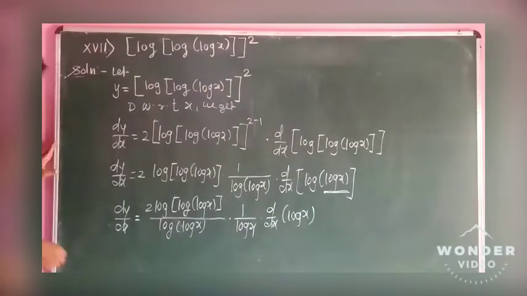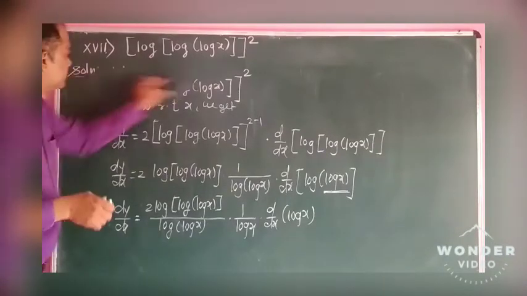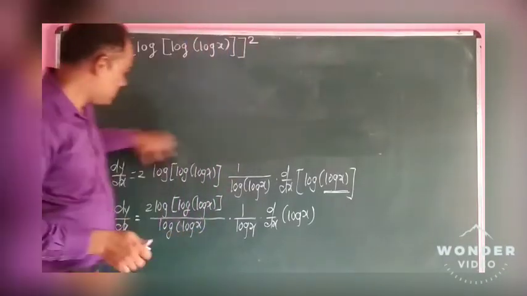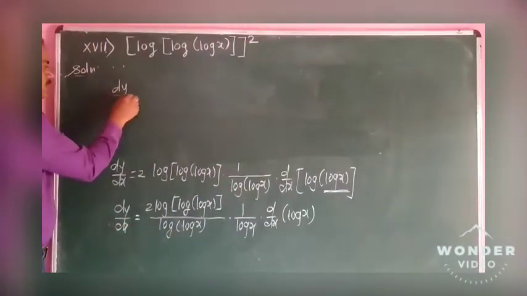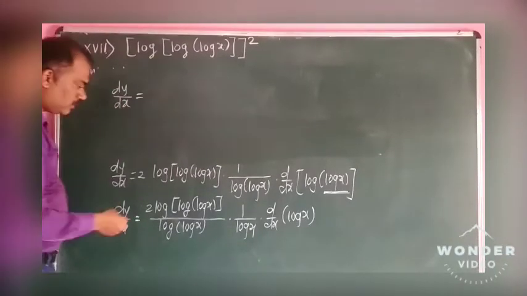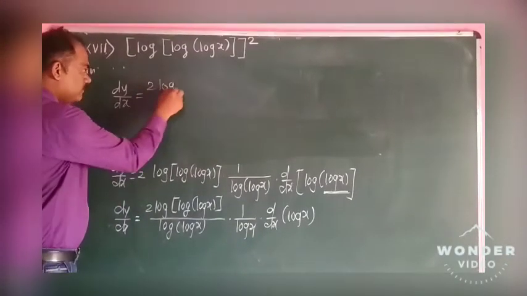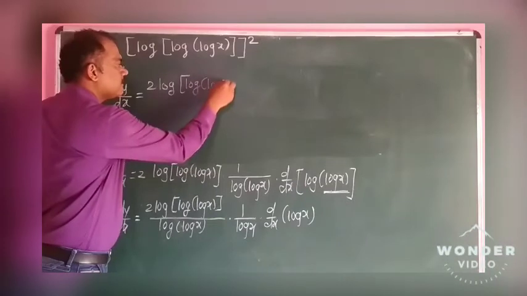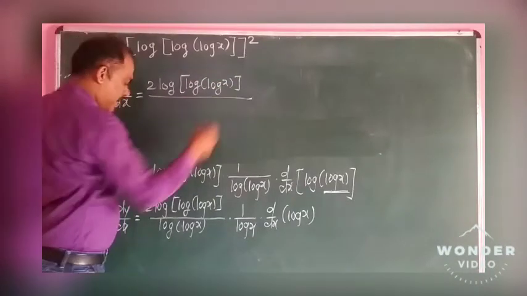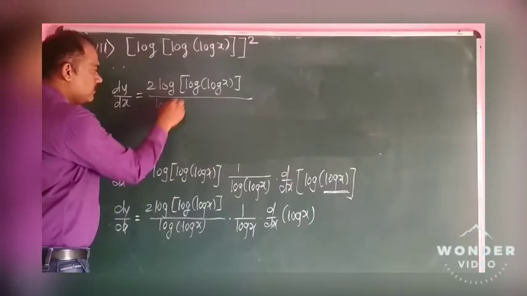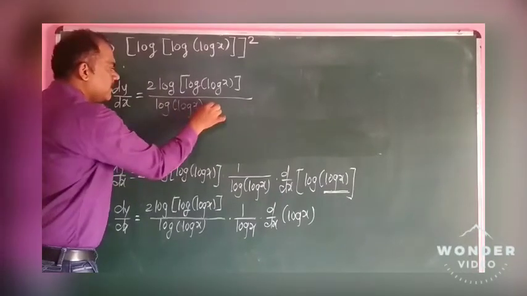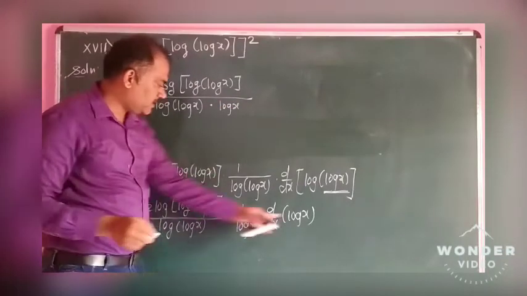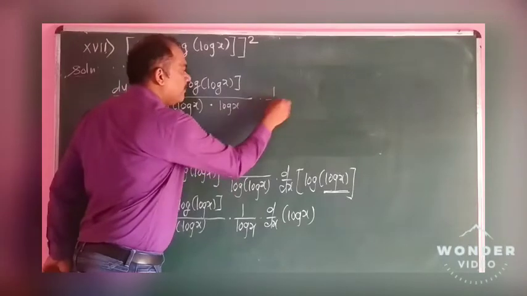That is what? dy by dx is equal to 2 times log x divided by log x into this log x. Okay, into, what is the derivative of this log x? Is nothing but 1 upon x.